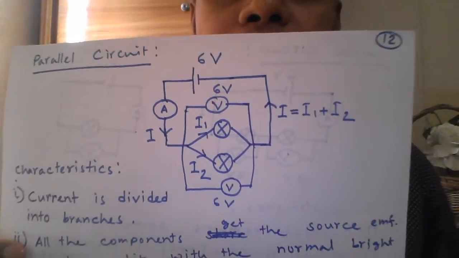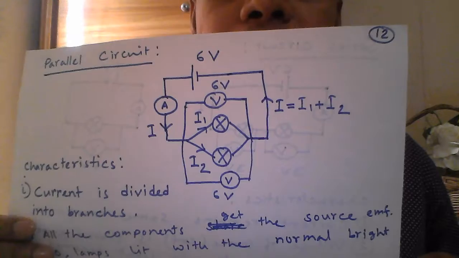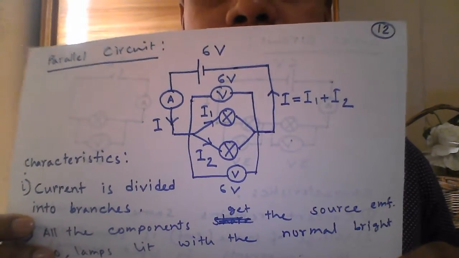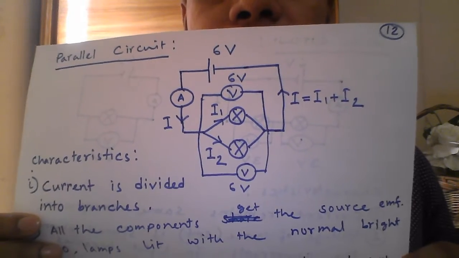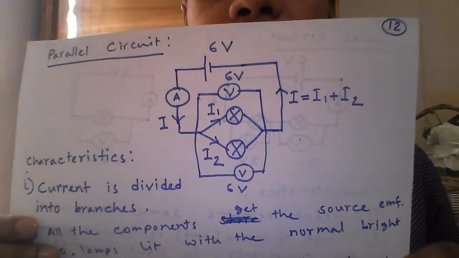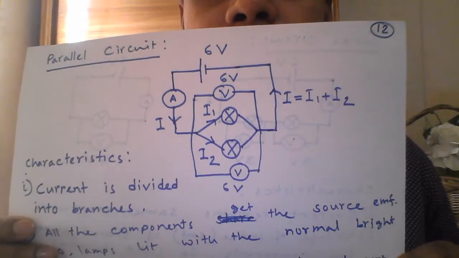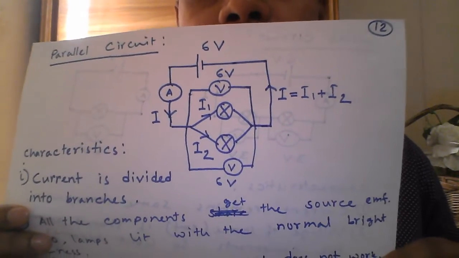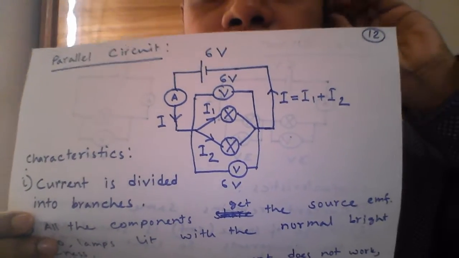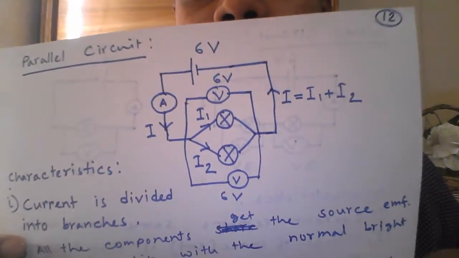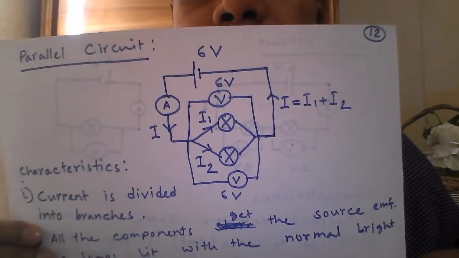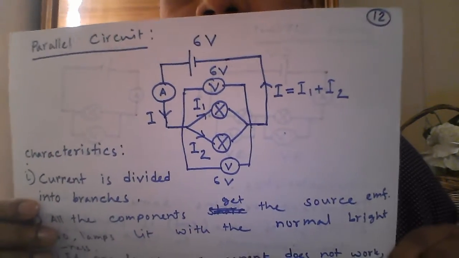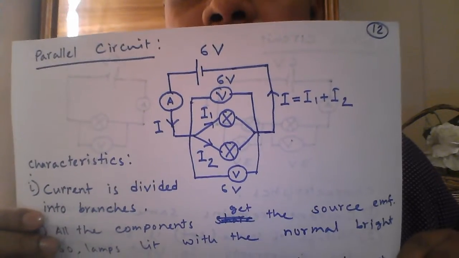Now another one is we are getting the branches here. Here you see, after the emitter symbol, I showed current I. So this current, when it goes to the junction of two lamps, the current is divided.